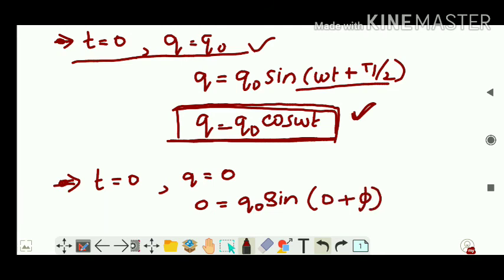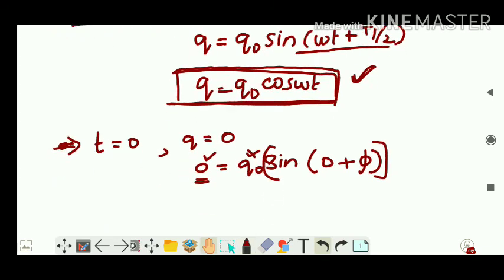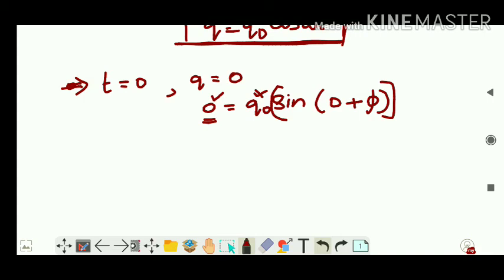Now I can be sure that q naught is not 0, since the maximum value of charge can never be 0. So 0 is equal to sine phi. For which value is sine 0? I can say phi is equal to 0 degrees.